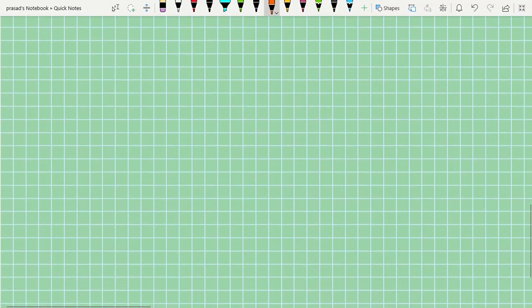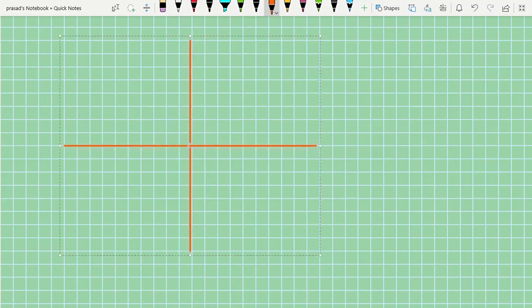So let us see some of the problems here. Let us first see how to express a vector in terms of i and j vectors. Let me draw the xy system here. In this xy system, say there is a vector that is in the first quadrant.